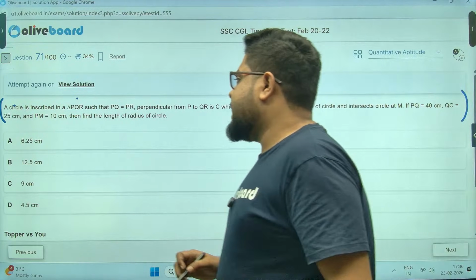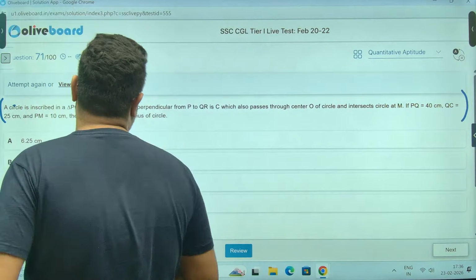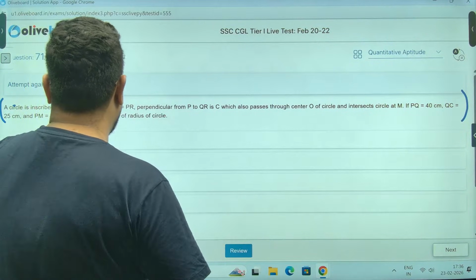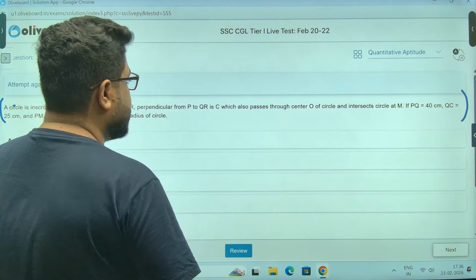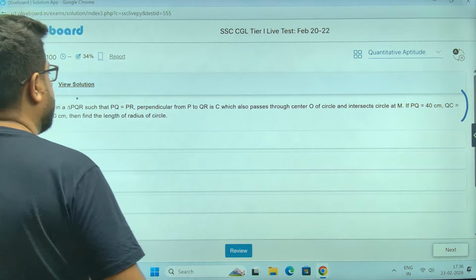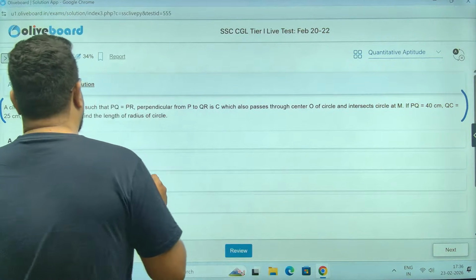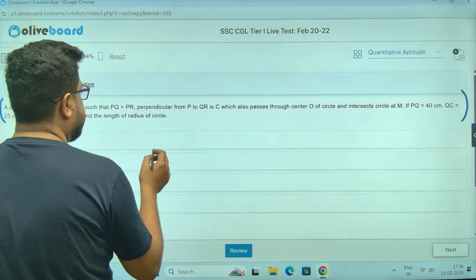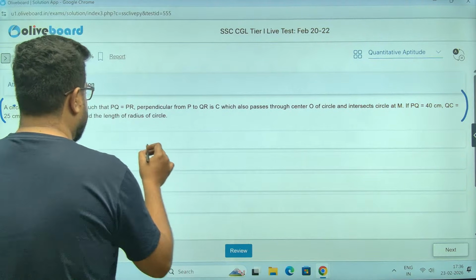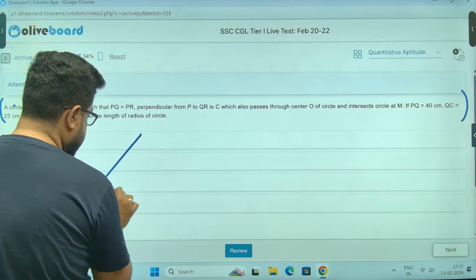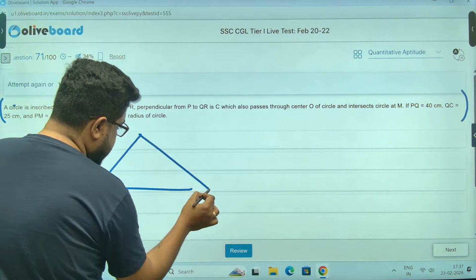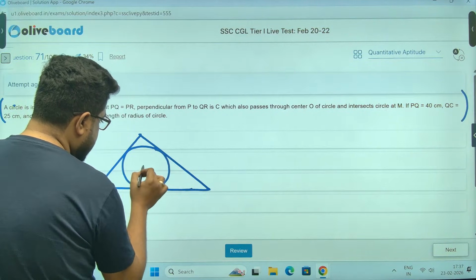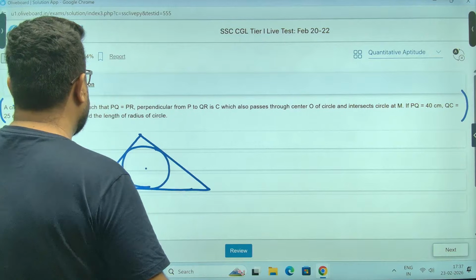Acha, a circle is inscribed in a triangle PQR, PQ equal to PR. Looks very odd, that's the thing, something like this.